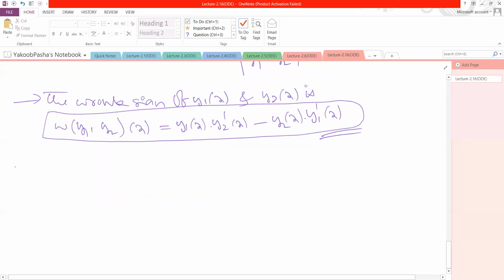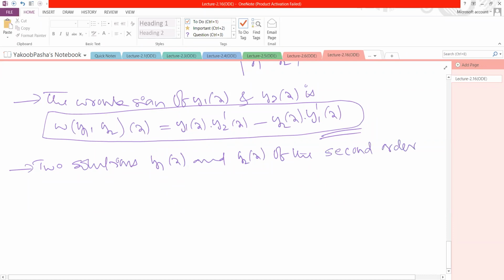If I take two solutions y1 of x and y2 of x of the second order linear differential equation, that is a0 of x into y double dash plus a1 of x into y dash plus a2 of x into y equal to 0, you have to remember this.